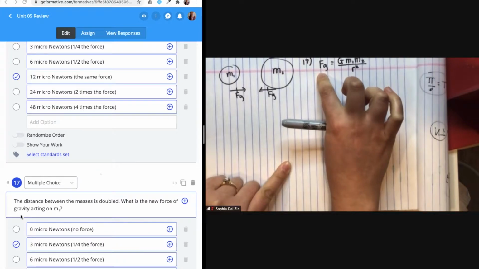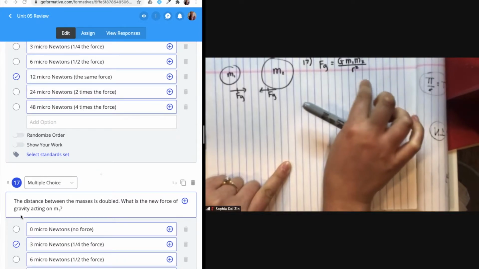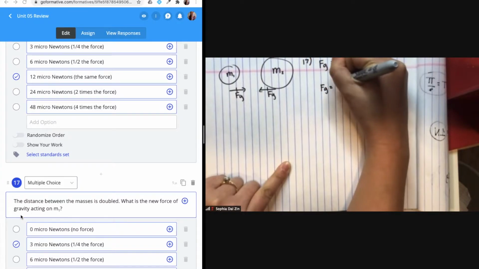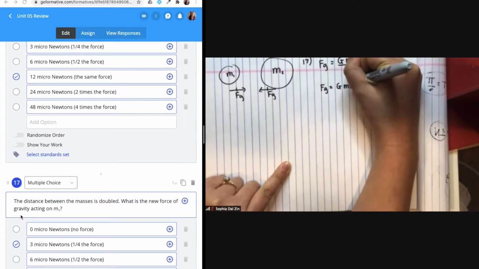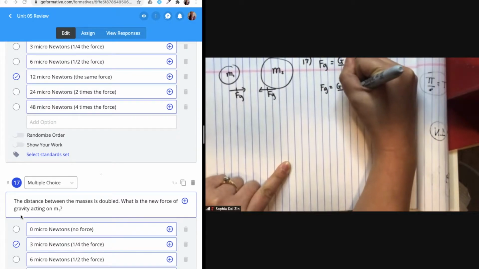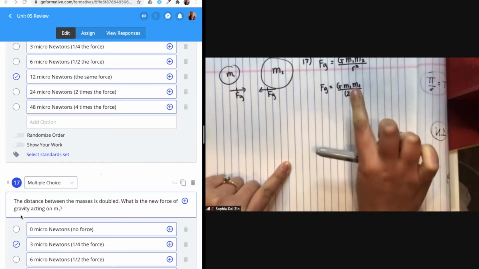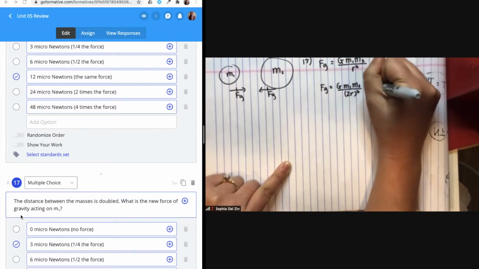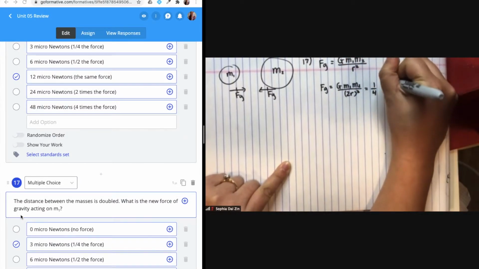If the distance between the masses is doubled, that makes r twice as big. So I'm going to substitute in this change. R is 2 times as big. Then I'm going to sort. 2 squared is 4. I have 1/4 times the original force.